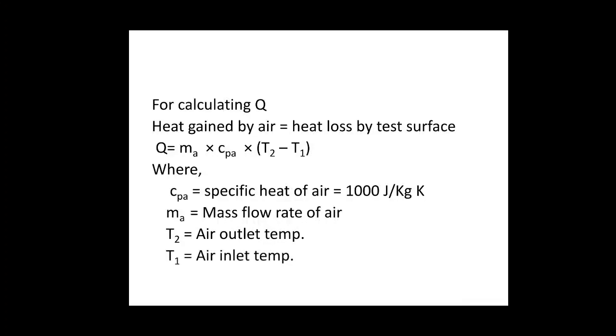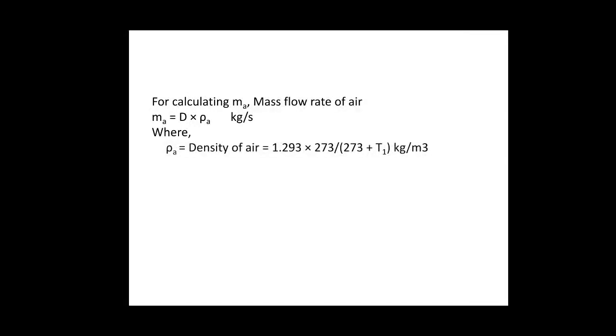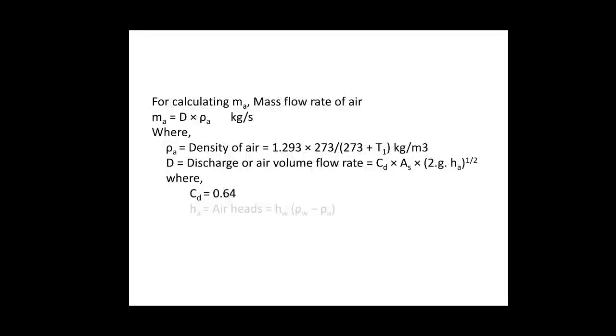Now, again, we don't know the value of mass flow rate. To calculate the value of mass flow rate, we use the formula MA is equal to D into rho A, where rho A is the density of air, which can be calculated using this formula I have given here. D is the discharge or the air volume flow rate, which can be calculated by the formula CD into A into root over 2GH, where CD is the coefficient of discharge, which is 0.64.